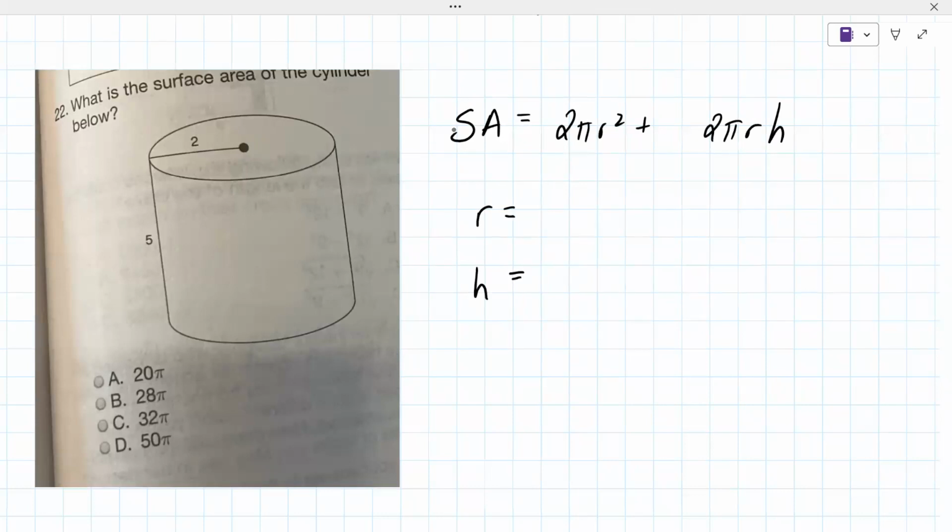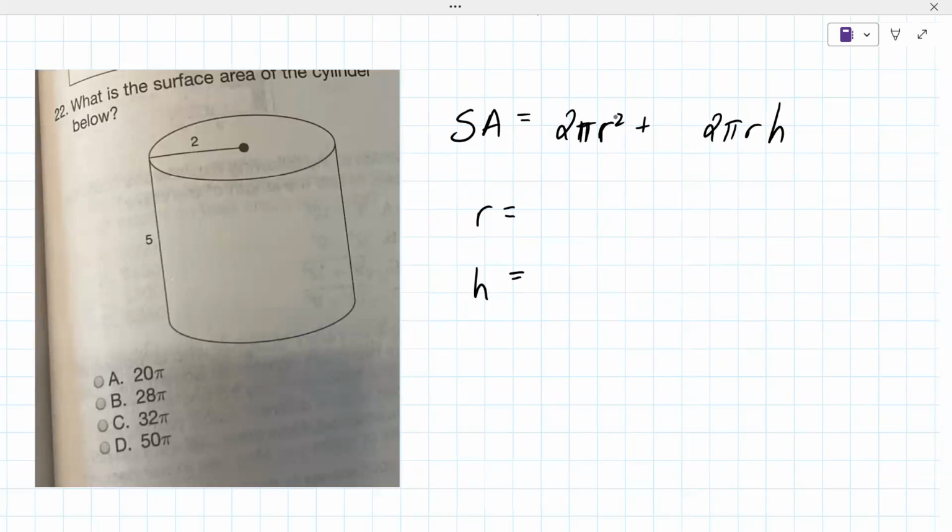Oh, that's 2 pi r squared plus. Is that an h or pi next to the first 2? Or is that pi? I'm sorry, this is pi, 2 pi r squared.